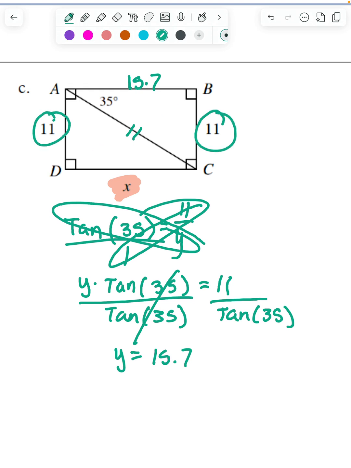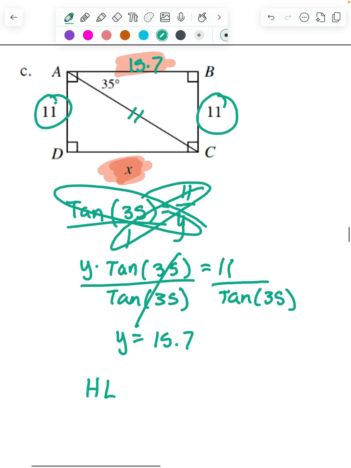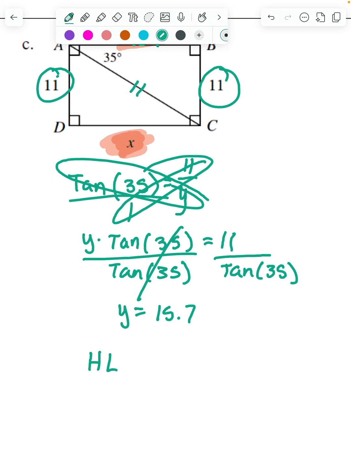And we were also given two matching legs. So because of hypotenuse leg, these triangles are congruent. So if this side is 15.7, then X is 15.7 due to CPCTC. So X is 15.7.